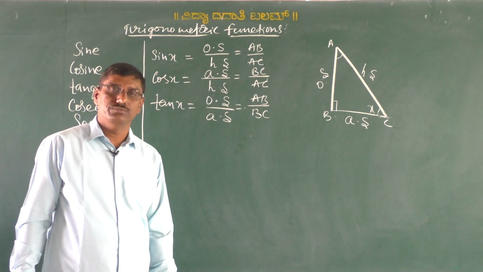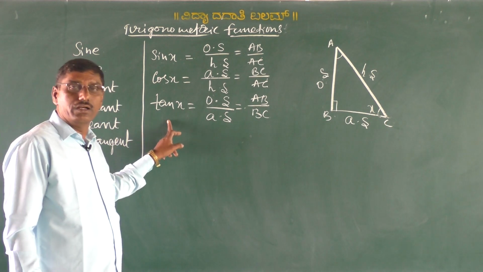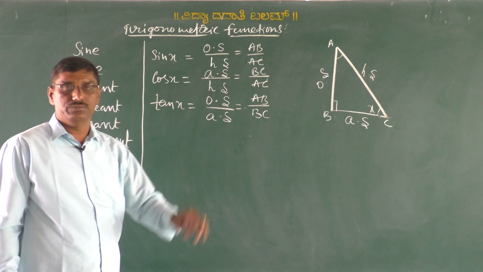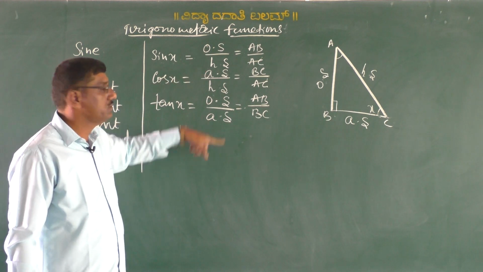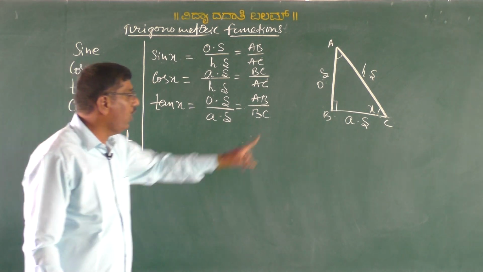Are you understood? That means the tan function can be written and defined like this. These are all sides of a right angle triangle with respect to an acute angle.